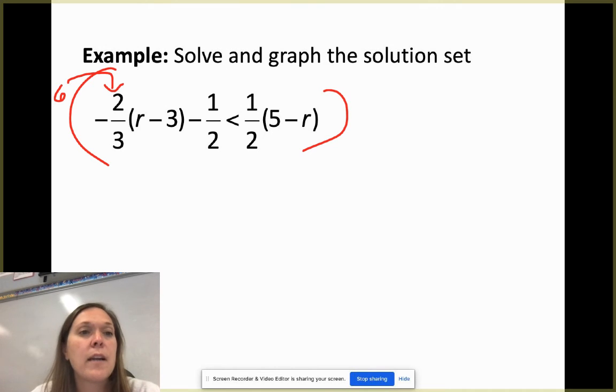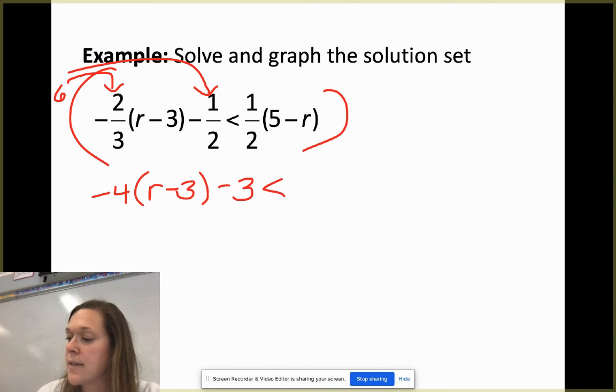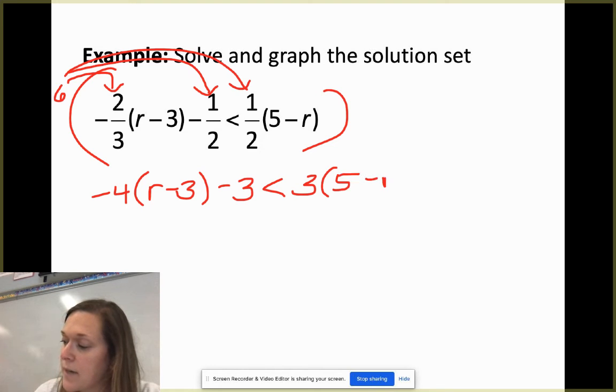So 6 times negative 2/3. Well, 6 divided by 3 is 2. 2 times the numerator of negative 2 is negative 4. So that becomes a negative 4 times r minus 3. 6 times a half is 3, so minus 3 is less than 6 times a half is 3 times 5 minus r.